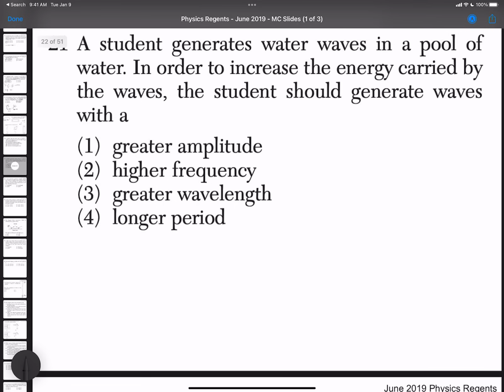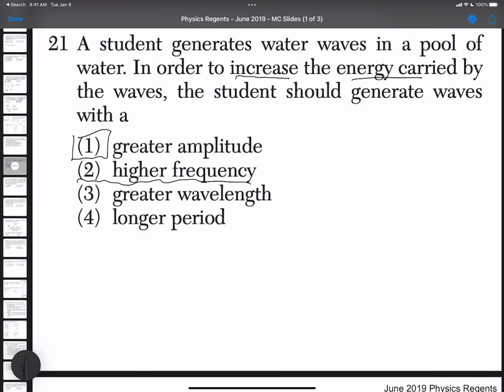Question 21. A student generates water waves in a pool of water. In order to increase the energy carried by the wave, the student should generate waves with A. And the more correct answer here is answer choice 1. However, the physics Regents folks did decide that an answer of 2 would also be acceptable.